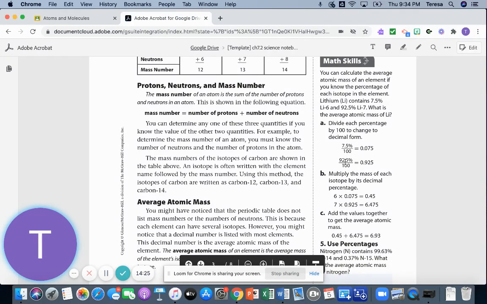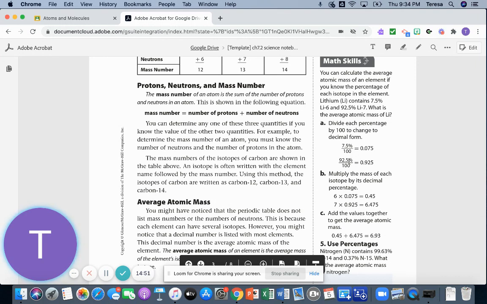Then we take 92.5, the percent of lithium-7, and divide it by 100. Then multiply the mass of the isotope by the percent. So 6 times 0.075 gives us 0.45. And then 7 times 0.925 gives us 6.475. Then you add those 2 numbers together.